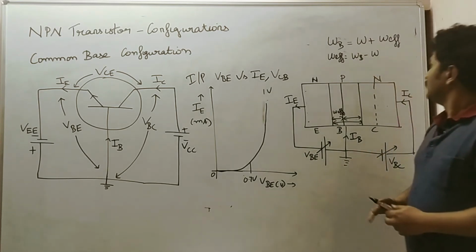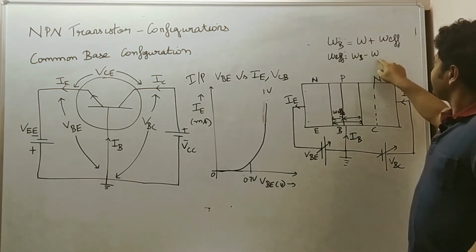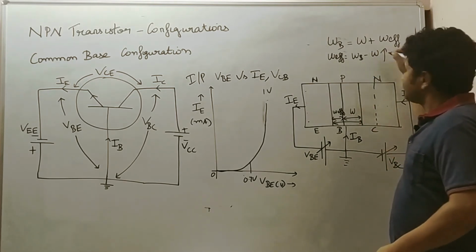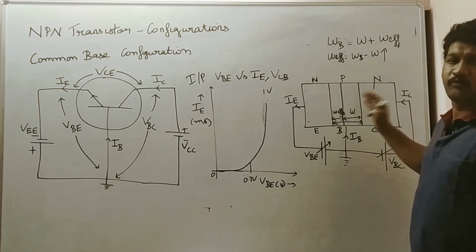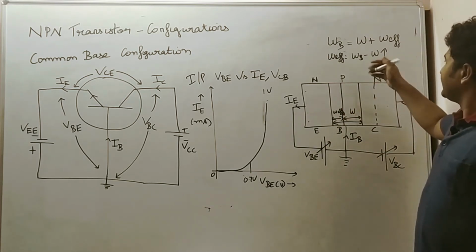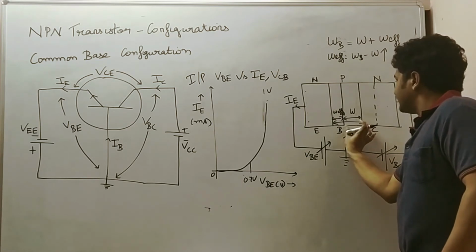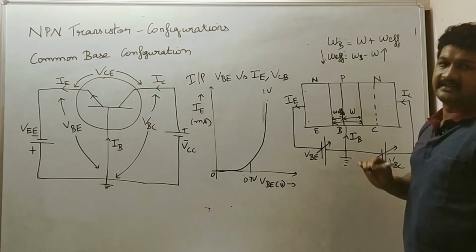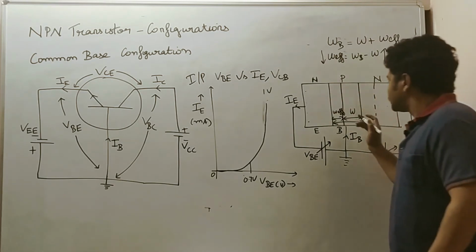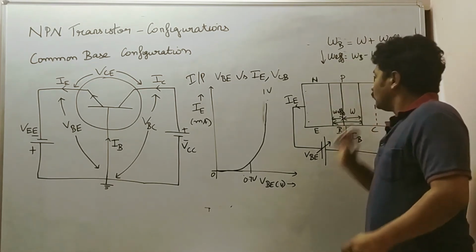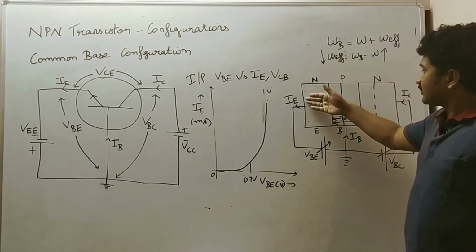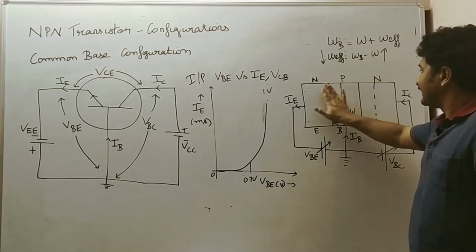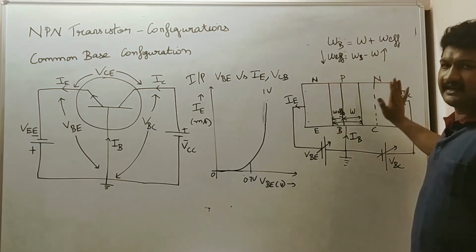So what happens here when W increases? When the reverse bias potential is increased up to 20 volt, this width starts to increase. If this width increases, W effective starts to decrease. As W effective decreases further and further, the electrons in the emitter region cross the emitter junction, and through the base region go to the collector region.